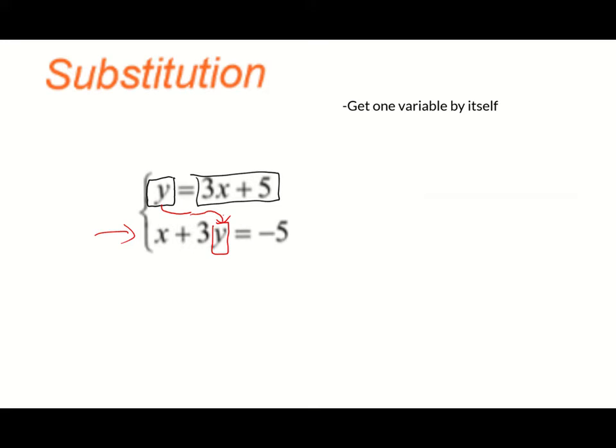So if I know that x plus 3y equals -5, but I also know that y in here is really that same y, and that same y is really this thing, all of those things are the same. y is equal to y, and the top y is equal to 3x plus 5. So I can simply substitute this thing into that y.